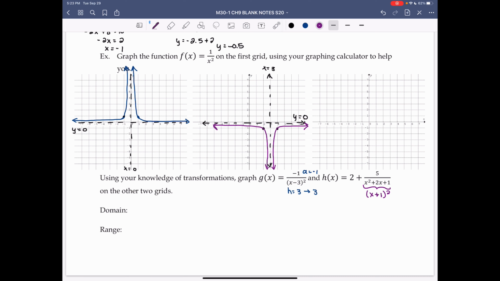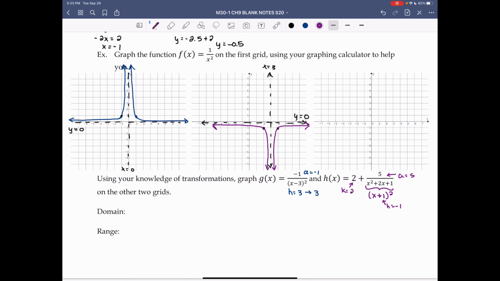So now it's in the form showing the transformations. So we have an a value of 5, we have a k value of 2, and we have an h value of -1. The h is also our vertical asymptote, and the k is our horizontal asymptote. We can draw those. Vertical asymptote at -1.